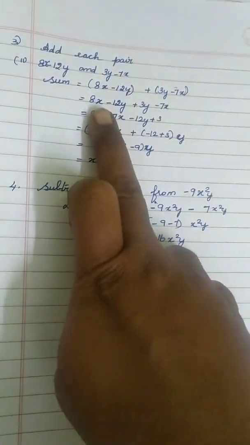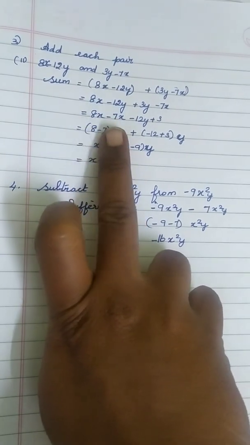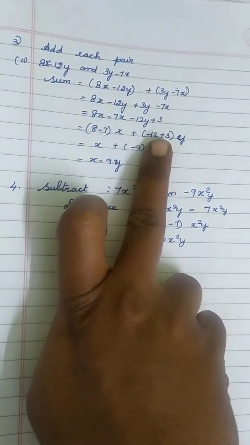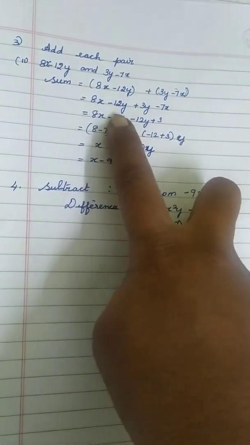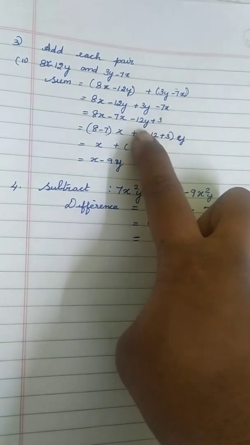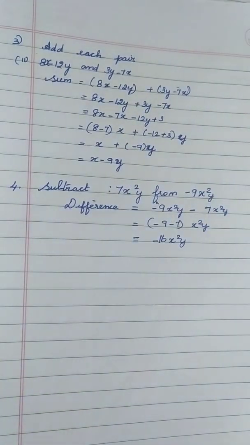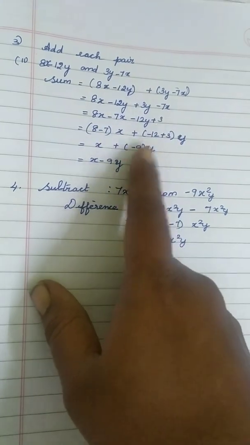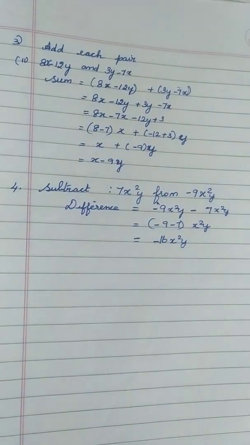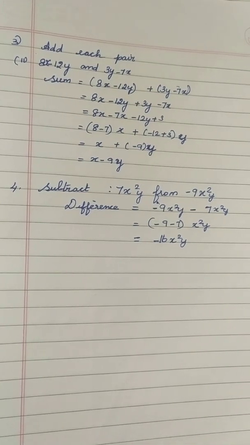Next, writing the common variables together, 8x minus 7x and minus 12y plus 3y. Next is taking the x outside, writing the numerals 8 minus 7. Here also y outside, minus 12 plus 3. 8 minus 7 is 1 and minus 12 plus 3 is minus 9. So x minus 9y.